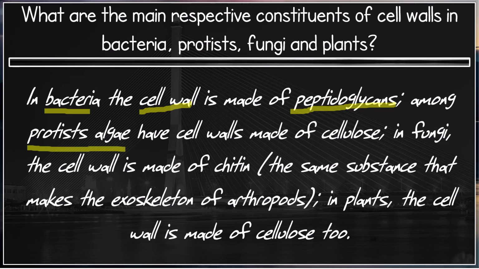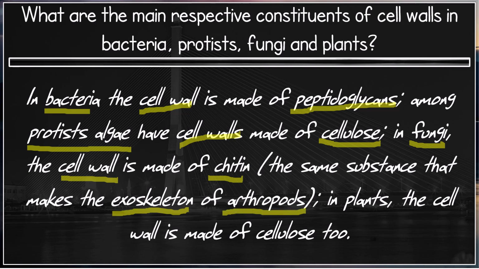Among the protist algae, the cell wall is made of cellulose. In fungi, the cell wall is made of chitin, the same substance that makes the exoskeleton of arthropods. In plants, the cell wall is made of cellulose.